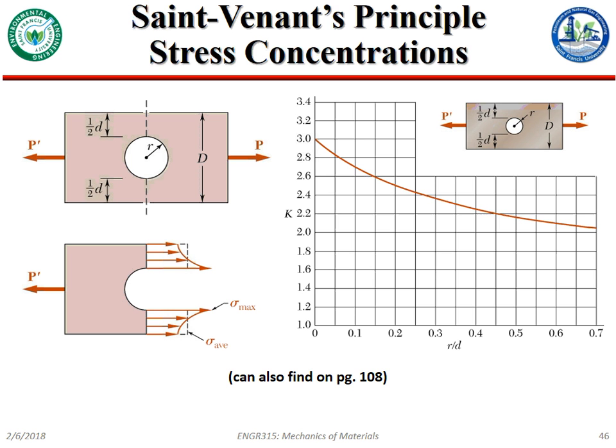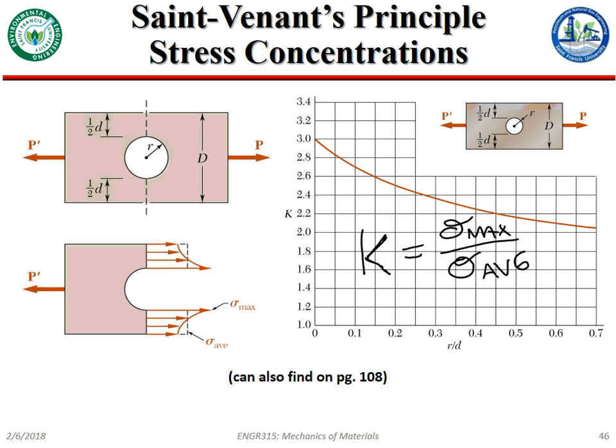What this chart gives you is something called the stress intensification factor, which you can use to find the maximum stress at a stress concentration based on what you compute to be the average stress at that point.